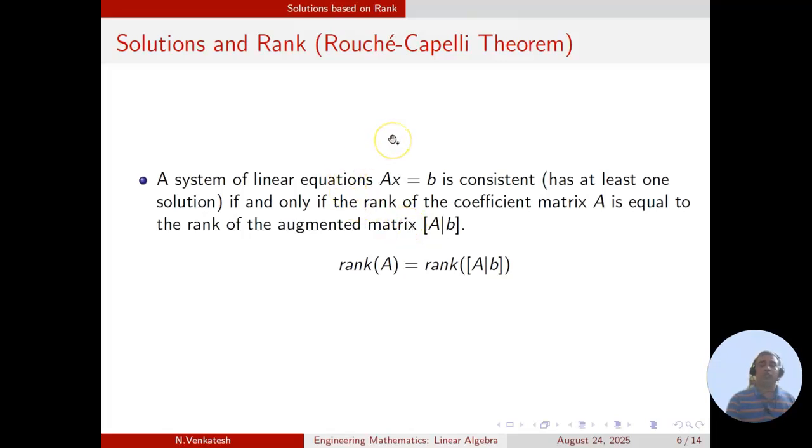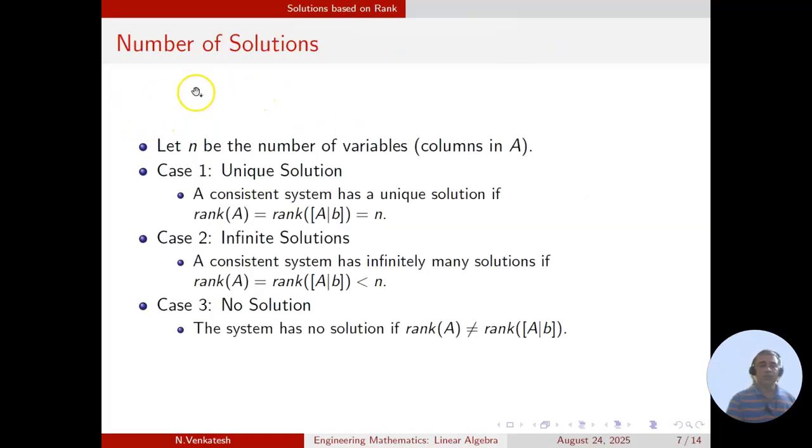So it can be written in a more general form. Let n be the number of variables. When the rank of A is equal to the rank of the augmented matrix and it is equal to the number of variables, then you have a unique solution.